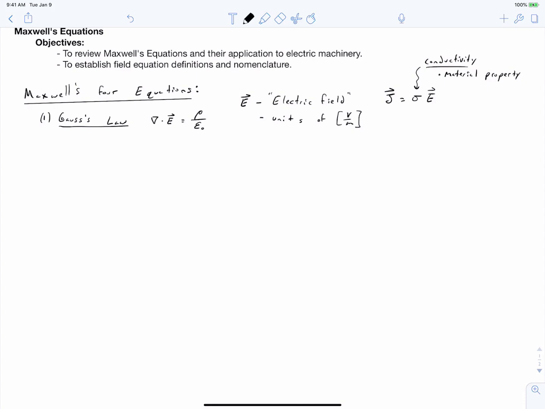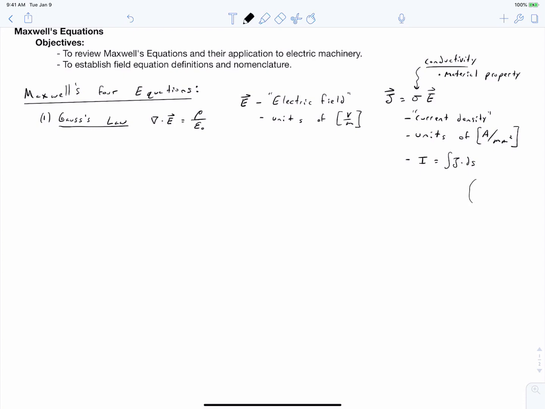So J, again, is our current density, and it's in units of amps per millimeter squared. Or sometimes we'll specify it in units of amps per meter squared. We can integrate J over a surface to determine the total current flowing through a conductor.